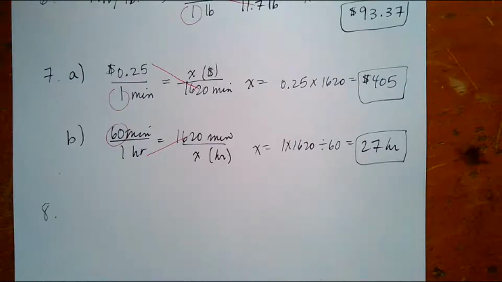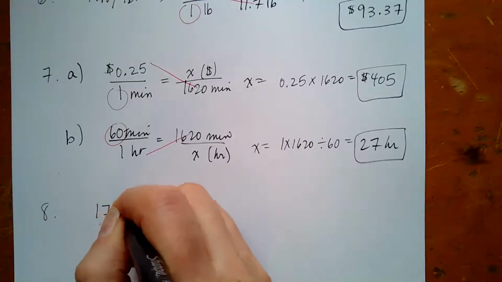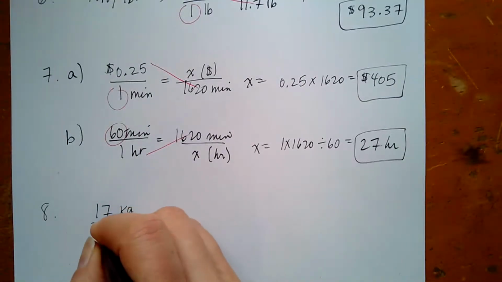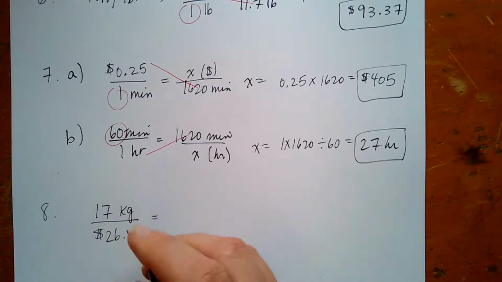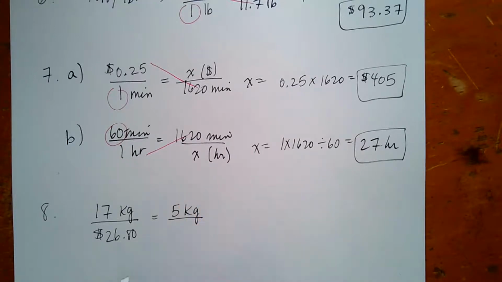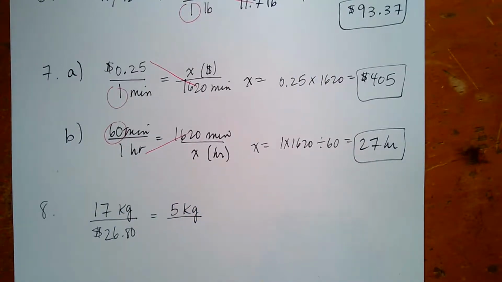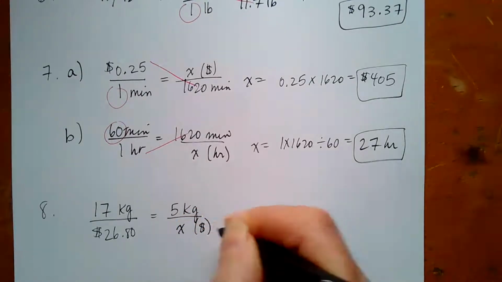Number 8, 17 kilograms of potatoes cost $26.80. Determine the cost of 5 kilograms. So 17 kilograms costs $26.80. This is why the cross multiply method is foolproof in a way. This would be a more difficult one to do if you were doing the quick way. So I want to know the X amount of dollars for 5 kilograms.